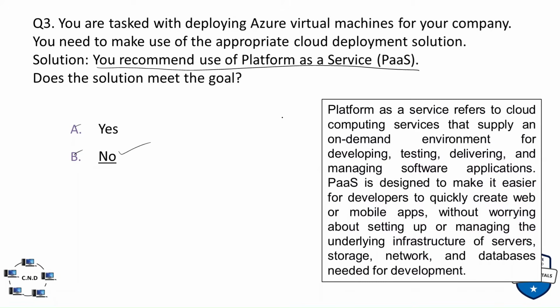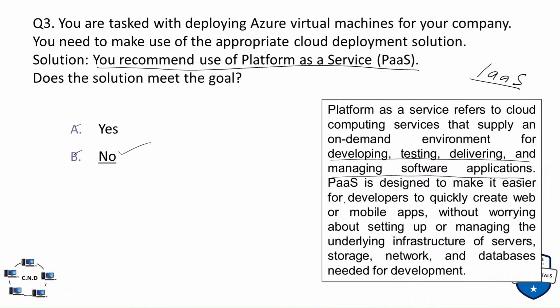As we studied in the earlier question, the right option would have been IaaS or infrastructure as a service. Platform as a service basically refers to a cloud computing service that supplies an on-demand environment for developing, testing, delivering, and managing software applications.